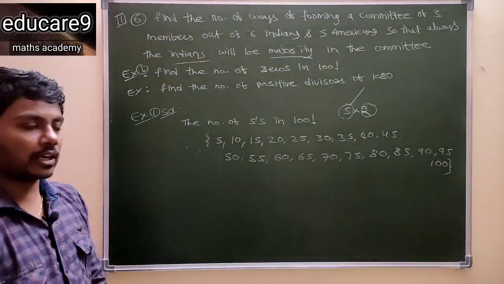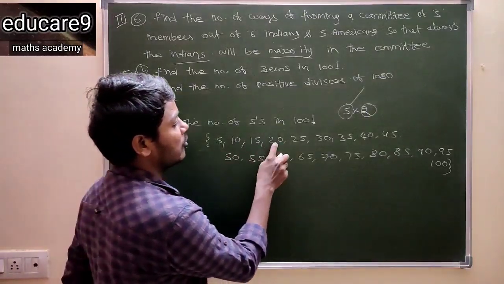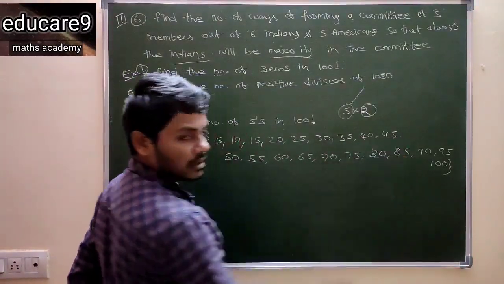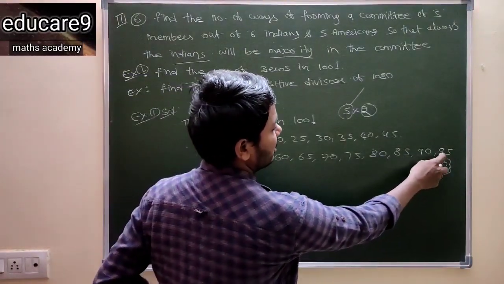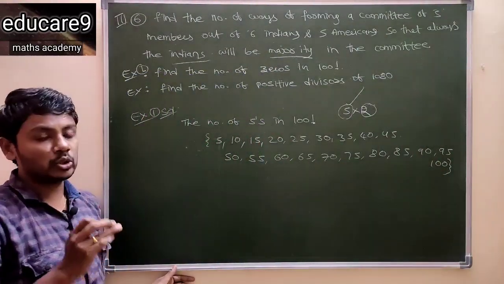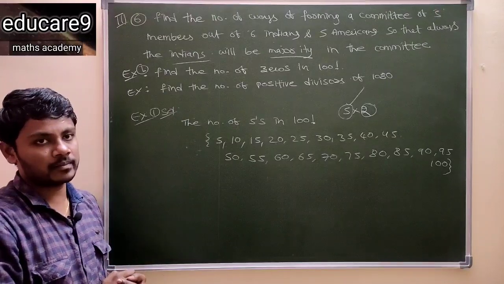See here, how many total numbers are there? 1, 2, 3, 4, 5, 6, 7, 8, 9, 10, 11, 12, 13, 14, 15, 16, 17, 18, 19, 20. So a total of 20 numbers are there.